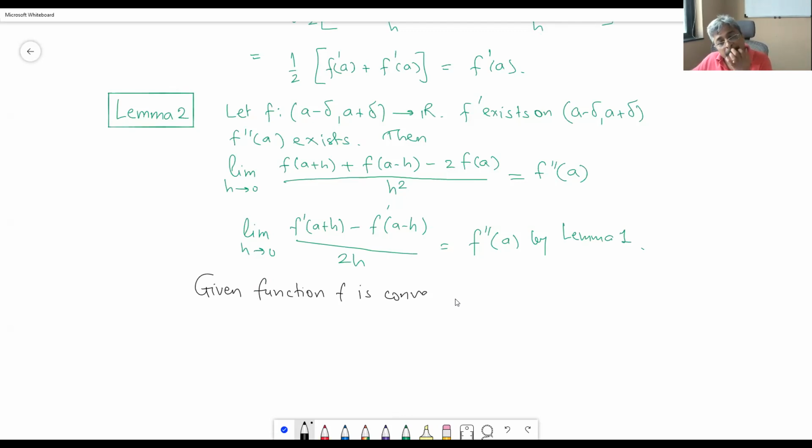So by definition, f of lambda 1 x1 plus lambda 2 x2 is less than or equal to, the point on the curve is smaller than or equal to the point on the chord.